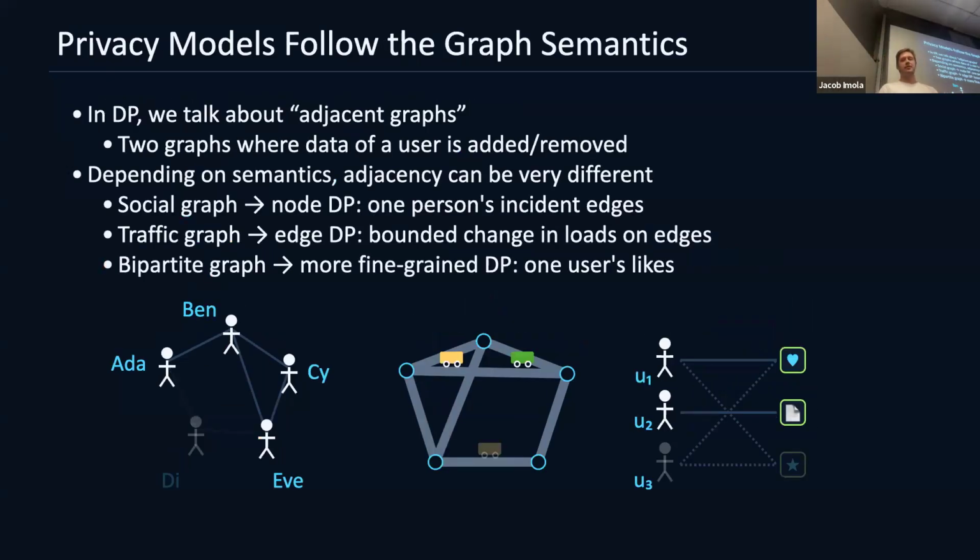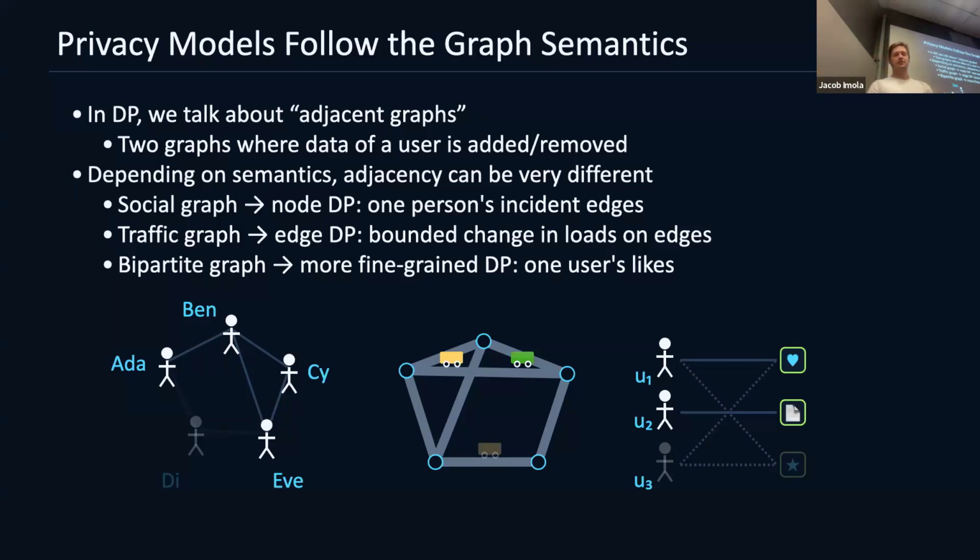To define differential privacy, you have to follow these graph semantics. In differential privacy, we talk about adjacent graphs, which are two graphs where the data of a single user is added or removed. Depending on the semantics of that graph, the adjacency notion can be really different. In a social graph, this gives rise to something resembling node differential privacy because a user is a node, and you might want to hide the friends of that entire user.